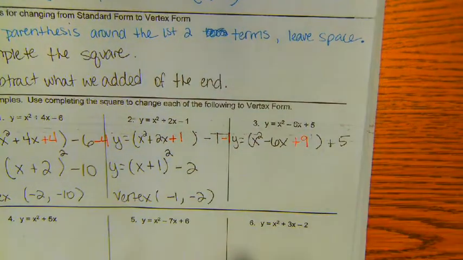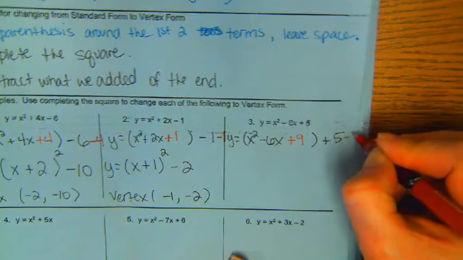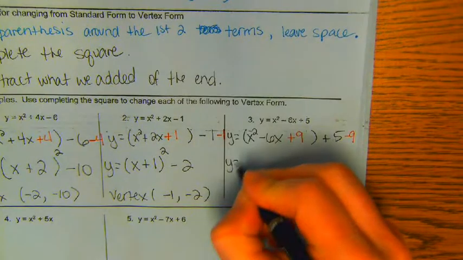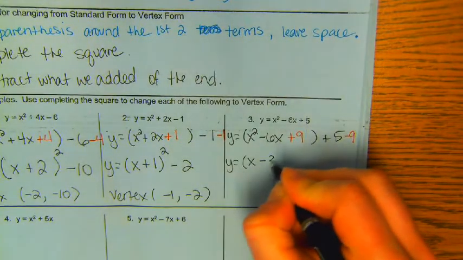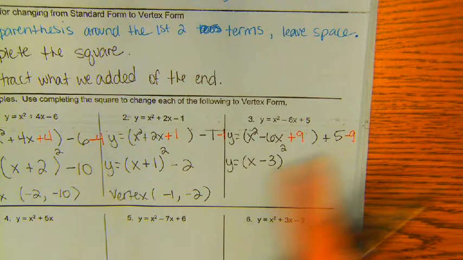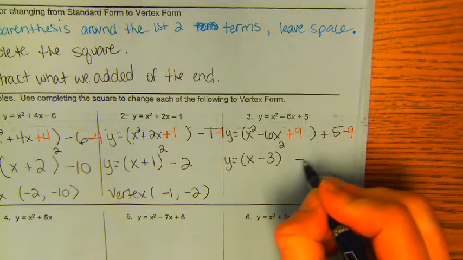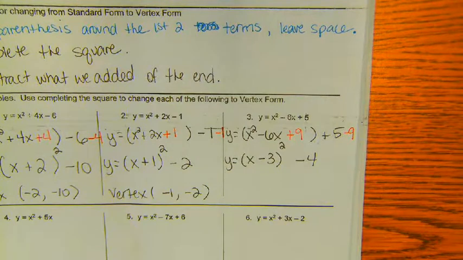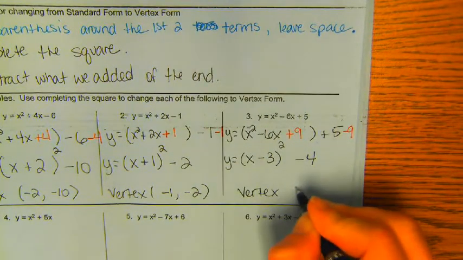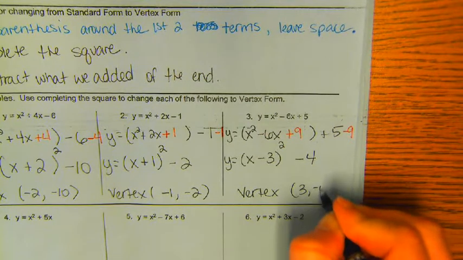Abby, what else should I do with that 9? -9 on the back. Now we factor it. Nicely done. We have x minus 3 squared. 5 minus 9 is -4. What is the vertex of that? 3, -4.